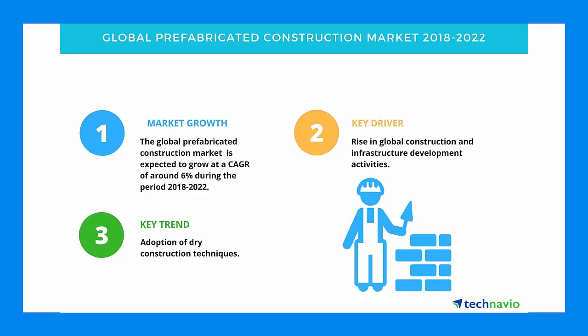Dry construction techniques rely more on prefabricated materials, and of course, unsurprisingly then, that is influencing this particular industry. The more popular those kinds of techniques become in general, the more that's going to create growth opportunities for the prefabricated construction industry as a whole. But the key number to remember there is the compound annual growth rate of around 6% projected towards 2022.